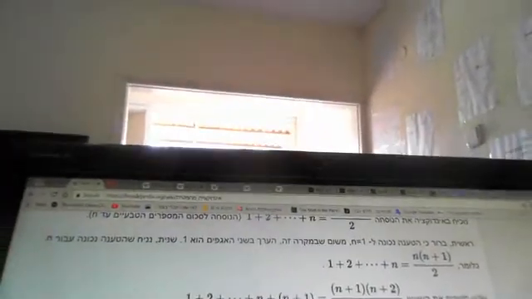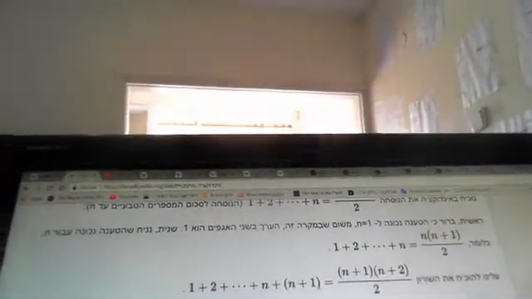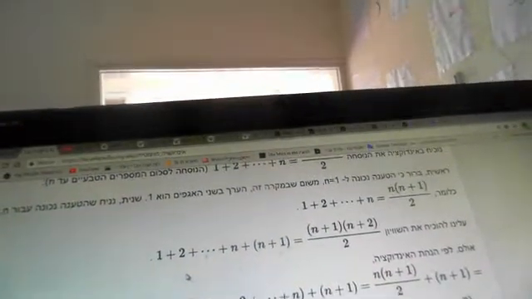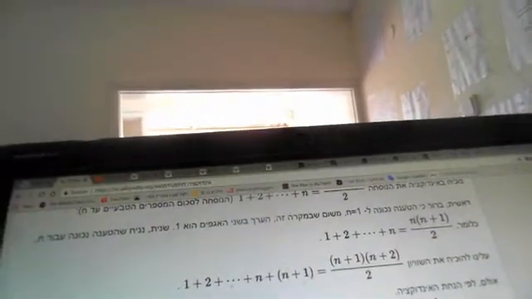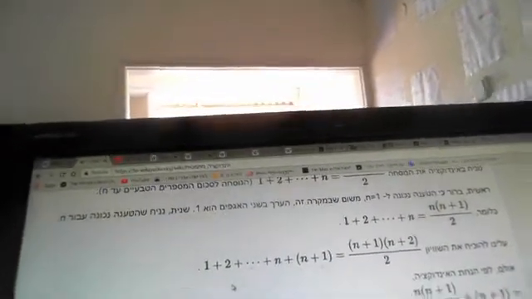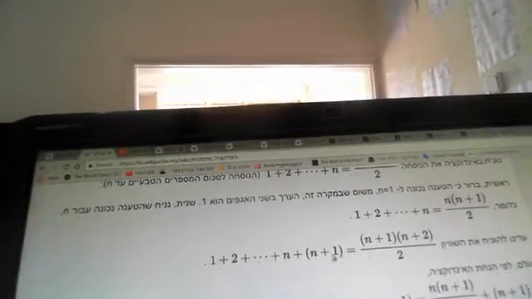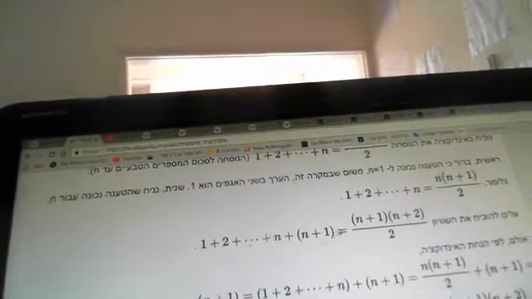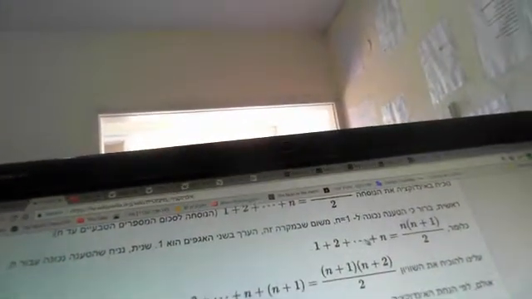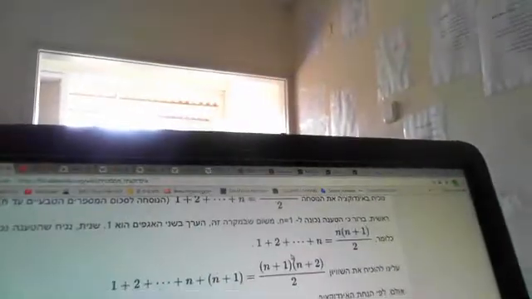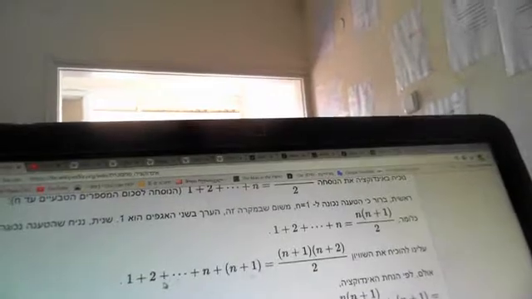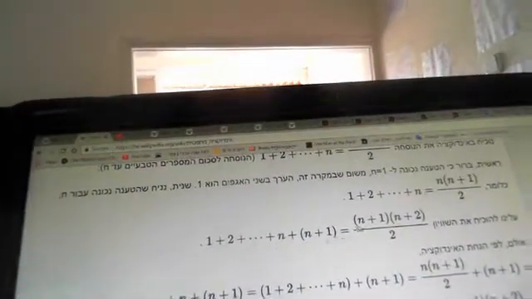We relied on the assumption that equation 1 is true, and according to our assumption that equation 1 is true, we proved that equation 2 is also true. This is equation 1, this is equation 2.